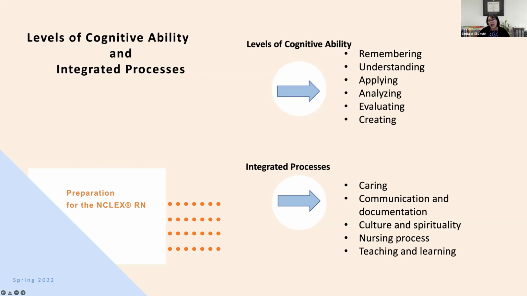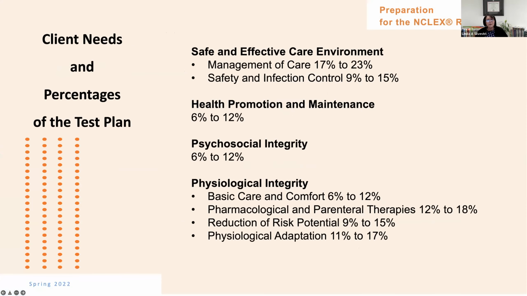And then on the next slide, we should have the client needs. This is the major framework of the test. There are 4 major client needs: safe and effective care environment, health promotion and maintenance, psychosocial integrity, and physiological integrity.